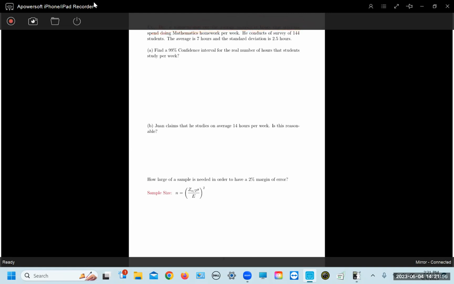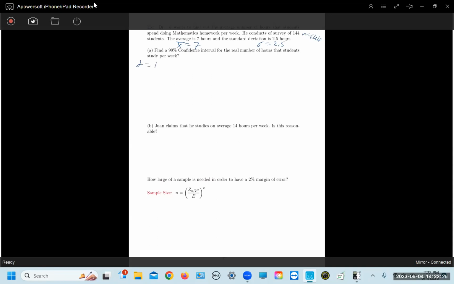So x bar right here is 7, sigma is 2.5, and n is 144. So step 1, step 2, step 3.